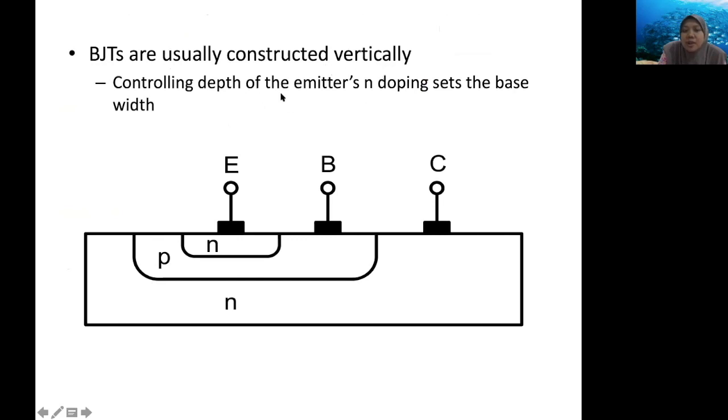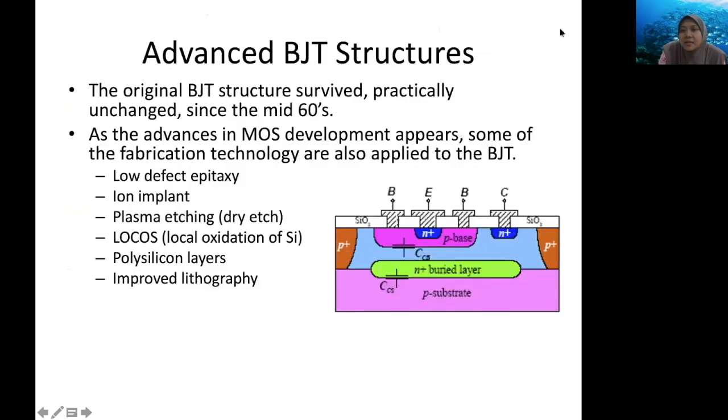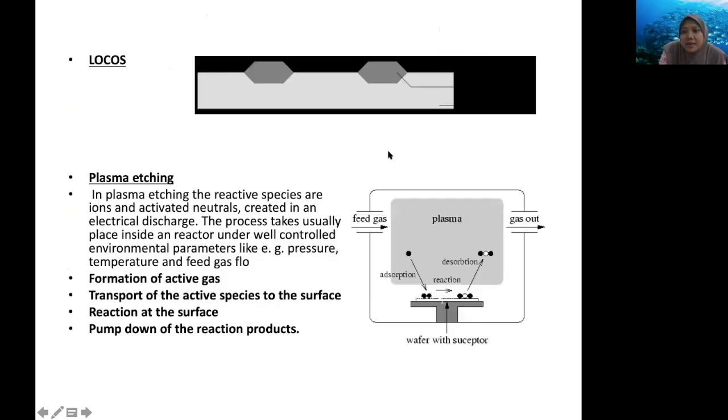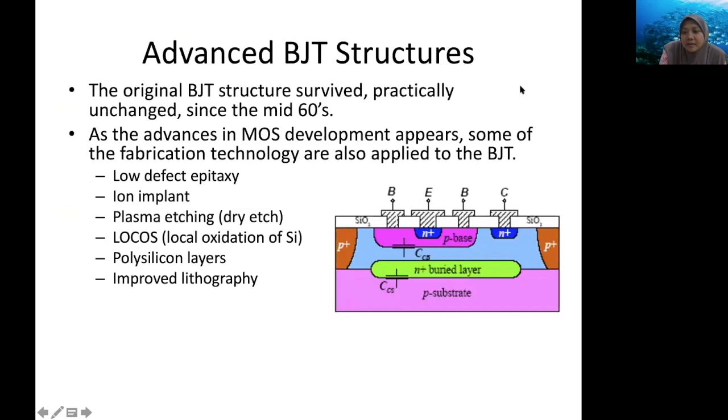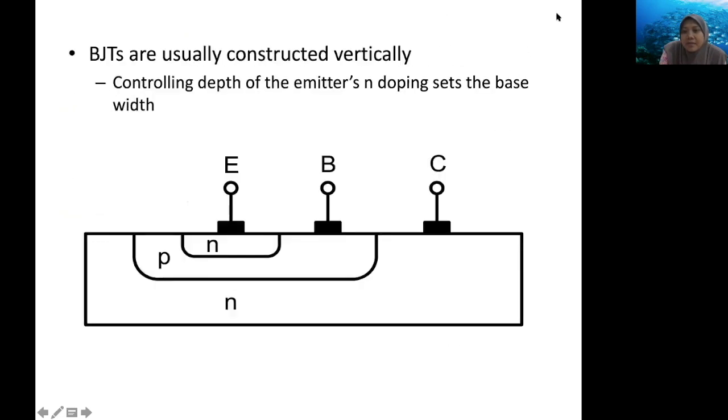The depth of the emitter doping sets the base width. A base width is this one. One of the difficulties is to control the depth.